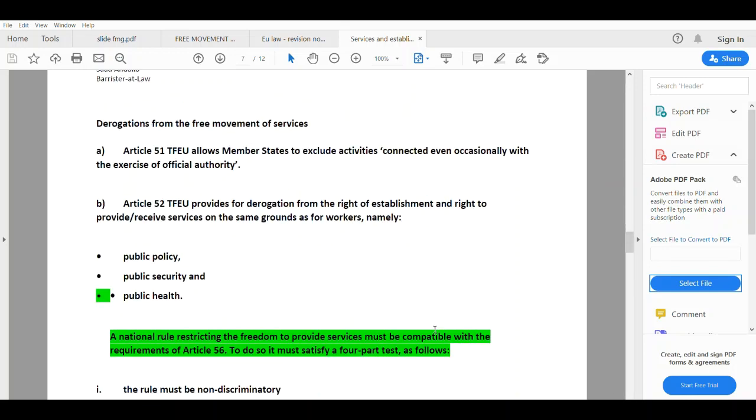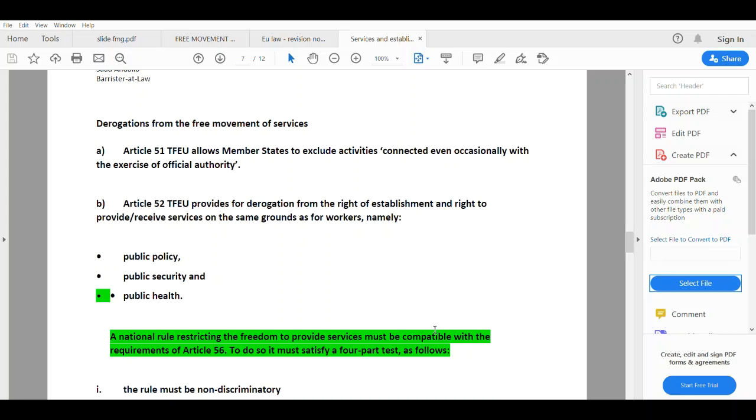Now we'll consider the derogation from the freedom of free movement of services. For this we need to consider two articles of the TFEU, which are Article 51 and 52. Article 51 of the TFEU allows member states to exclude activities connected, even occasionally, with the exercise of official authority.